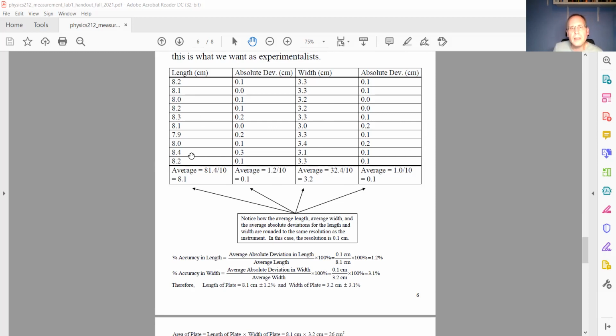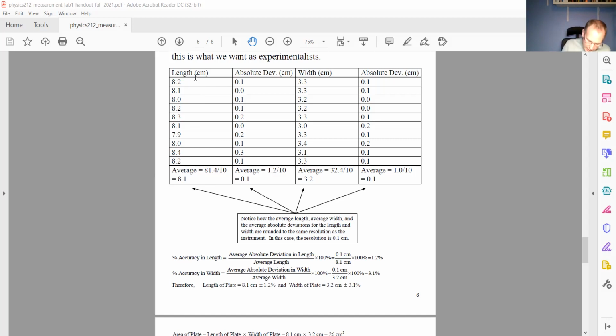So how do I do that? Let's start with length. Let's see how to calculate the percent experimental accuracy for the length here. Actually, I'm going to do this on the iPad to show you slowly. Let me write down these 10 values of the length, and then I'll show you the iPad in a minute.